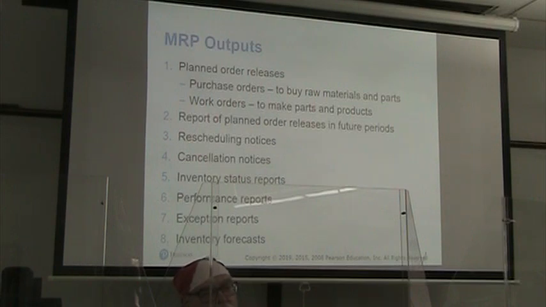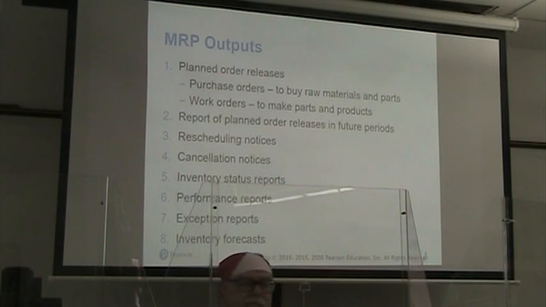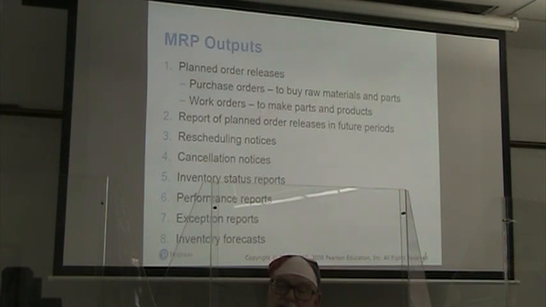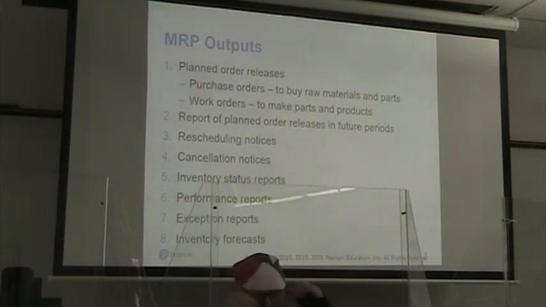All right, so what are our MRP outputs? Well, for our planned order releases, we have purchase orders. There we're buying our raw materials and our parts. And we have work orders to make parts and products. Right?